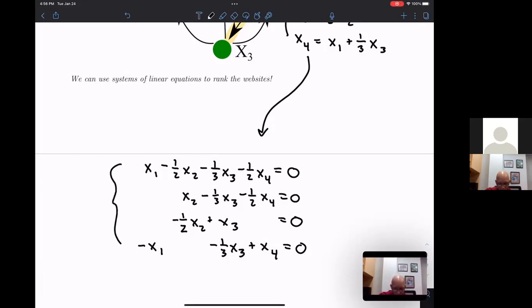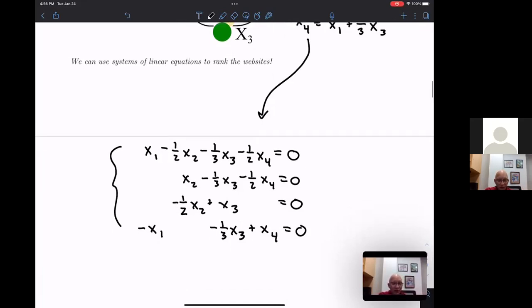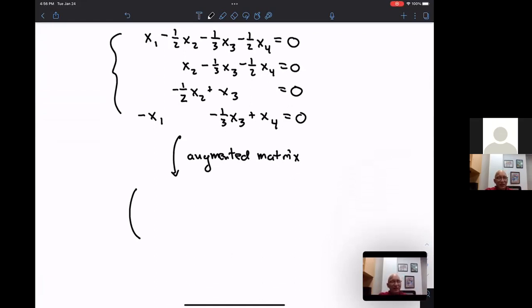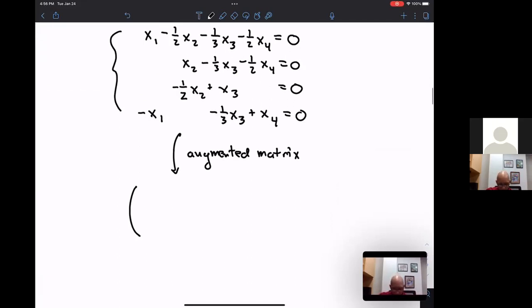So the equations I've just written down are the same equations we had before, but with everything collected on one side. And now, just for practice, I can write the augmented matrix associated to it. Remember, the augmented matrix has all the coefficients from the left-hand side as well as the right-hand side zeros. The reason I wrote these things in order was so it's easier to write down all those coefficients.